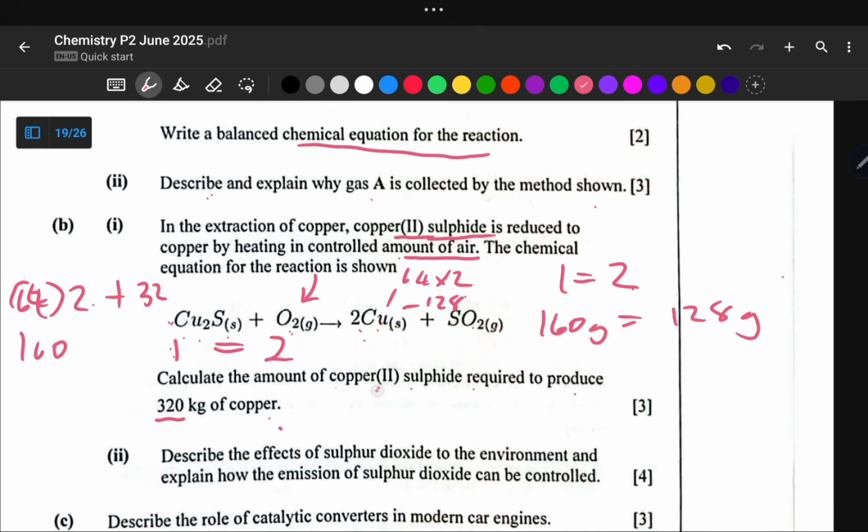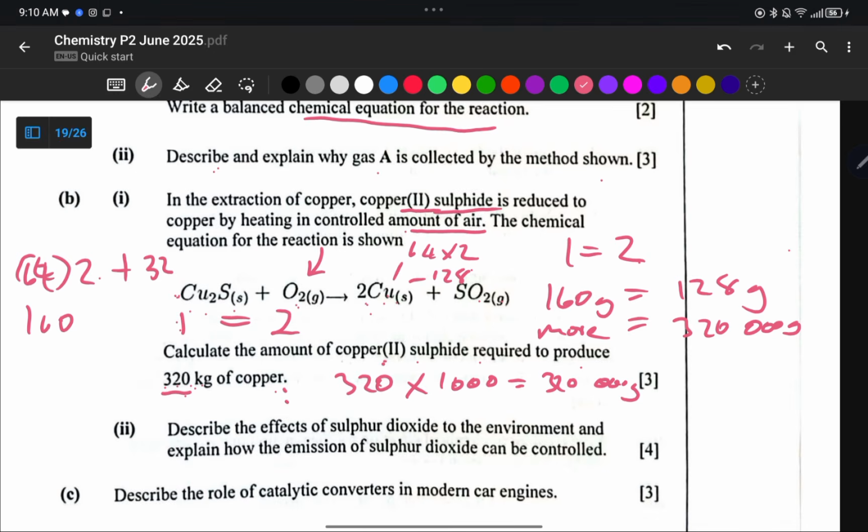And then calculate the amount which is required to give 320 kgs of copper. Converting kgs into grams, you multiply by 1000 to give us 320,000 grams. So we can carry out the simple proportion.